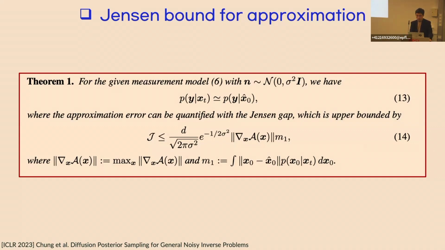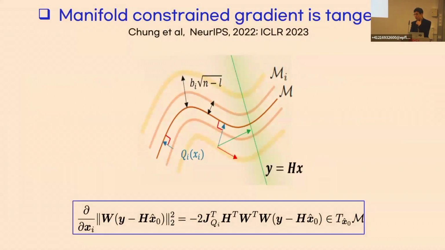Another very important thing is, if you do it that way, then x hat is calculated by the Tweedie formula, and we are calculating the gradient with respect to the noisy sample here. But if you calculate the gradient, it turns out this gradient is in the tangential direction at this sample point. Why is this so important?